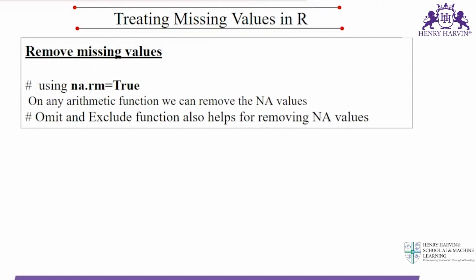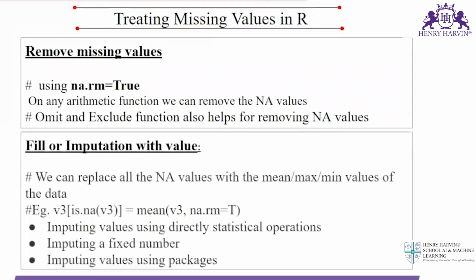Then we have already understood how to use the omit and exclude functions to remove NA values. The second way we can treat missing values is by filling or imputing the NA values with a reasonable value.